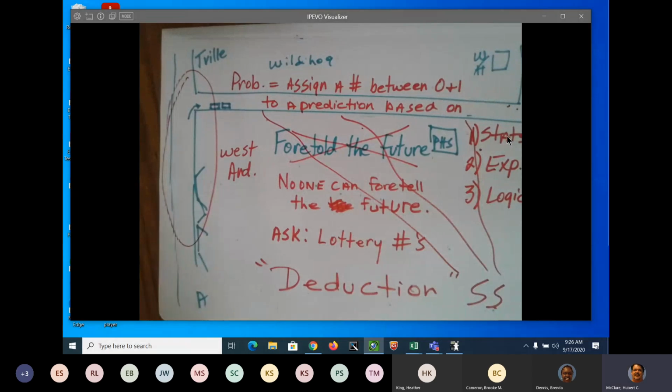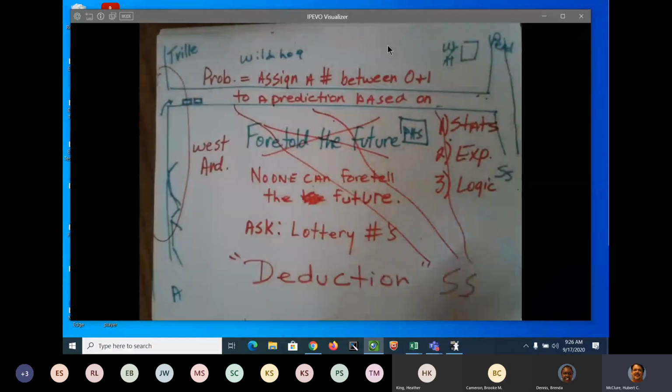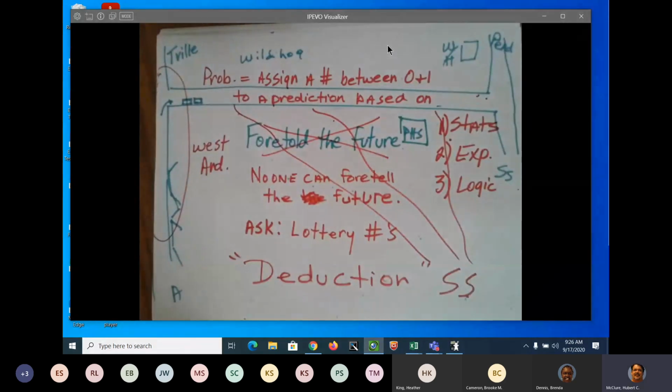That's what probability is. Probability is assigning a number between 0 and 1 to a prediction based on stats or mathematics, experience or logic. No one can foretell the future. If they could, all you've got to do is ask them what the lottery numbers are.